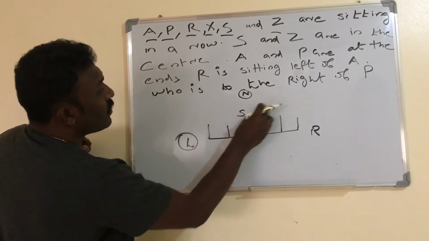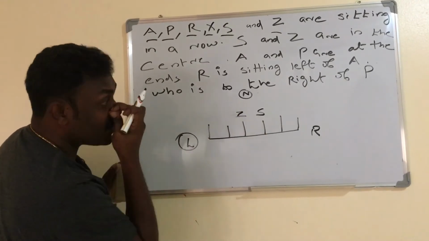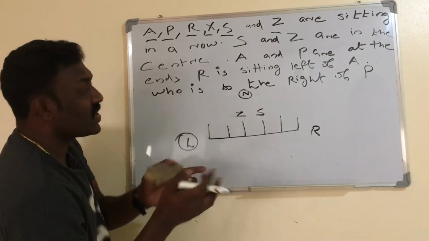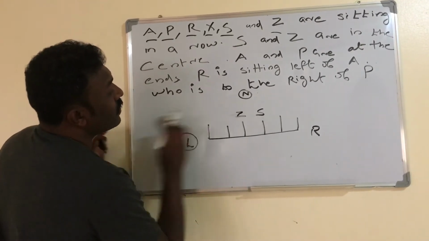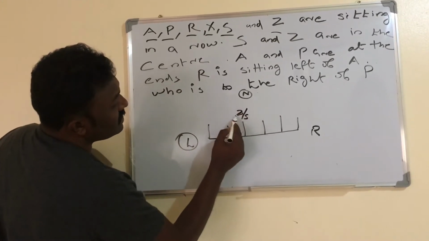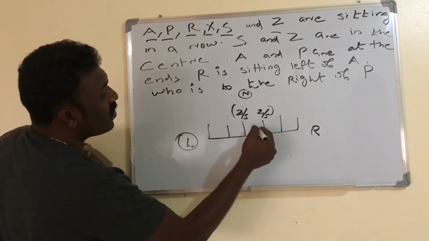Sometimes Z will sit here and S will sit here, because they didn't mention. They told that it is the center, so this is not confirmed. So we can put here that either S and Z are here or here. We don't know who is sitting where.